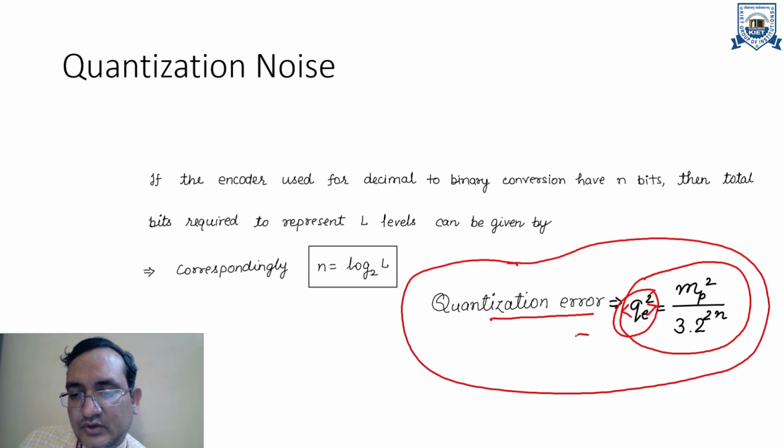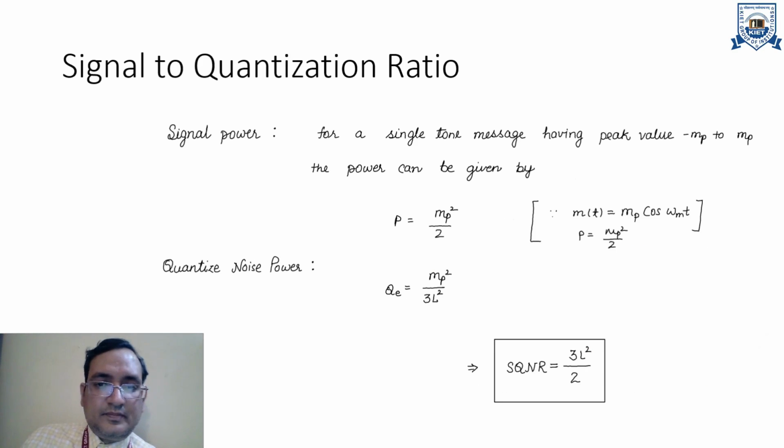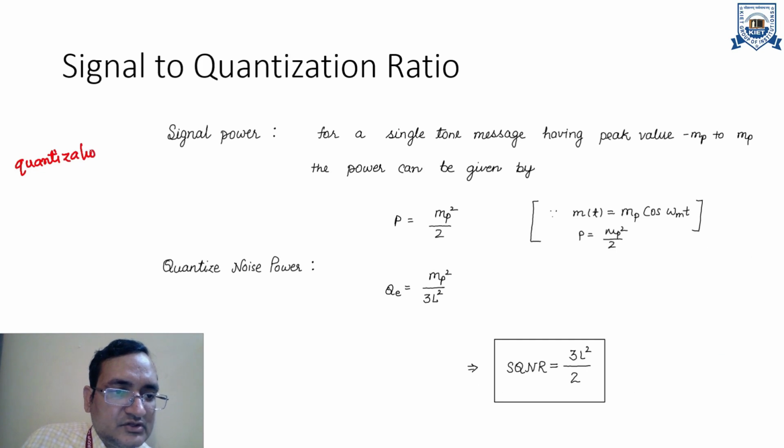You can also represent it as sigma E square if you want. I have represented it with the help of the angle brackets around QE square. So if signal power is given, then that means I have the quantization noise power.